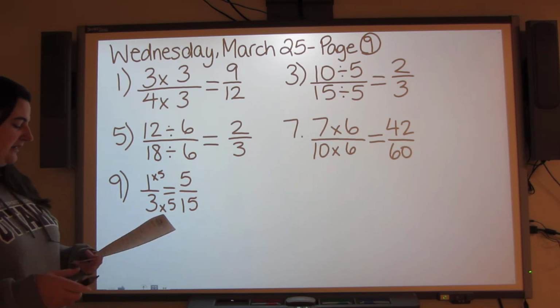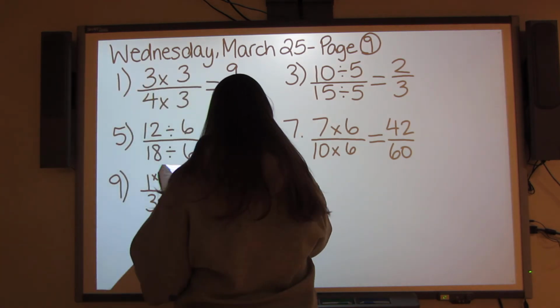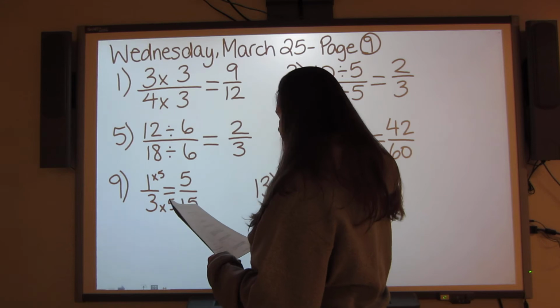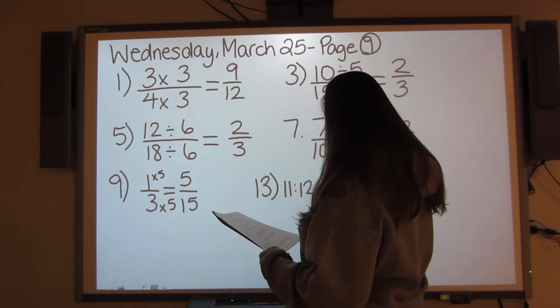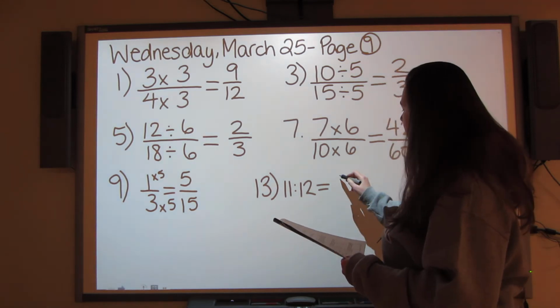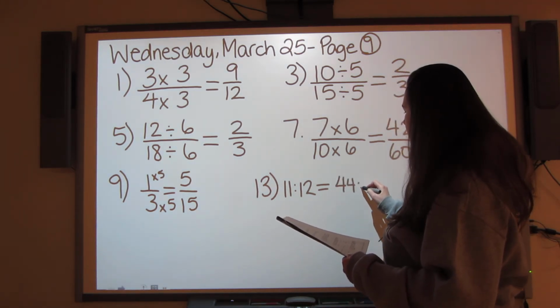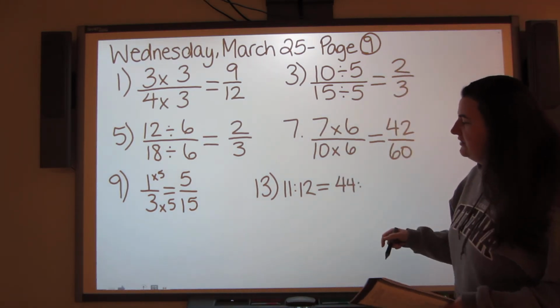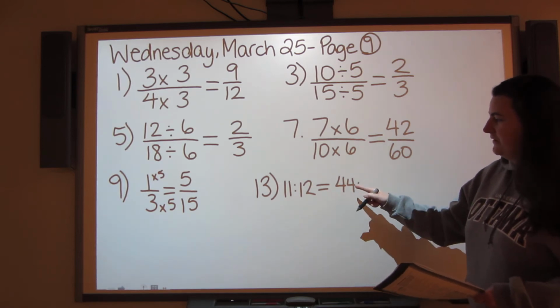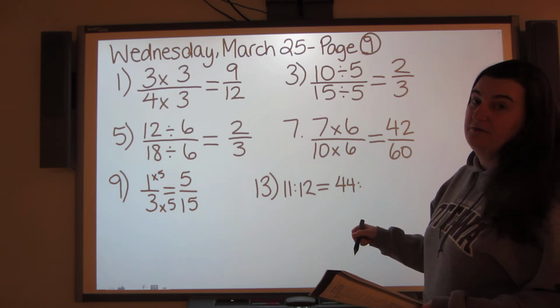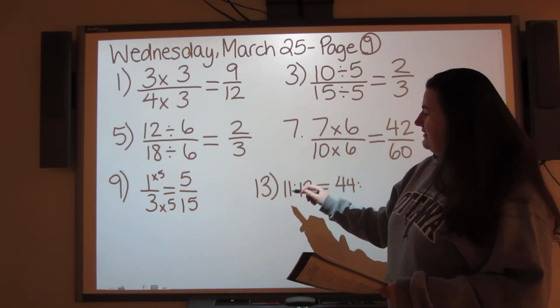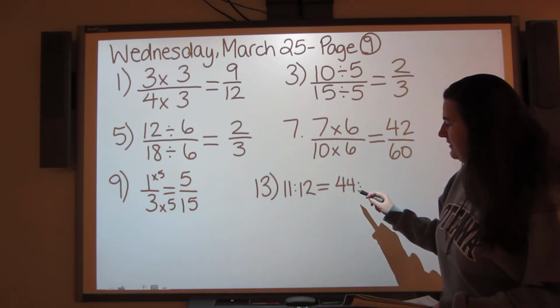And let's take a look at number 13. For number 13, you have a ratio, 11 to 12 equals 44 to something. So you're looking at 11 and 44, and you need to figure out what the relationship is between 11 and 44. So how do I turn 11 into 44?